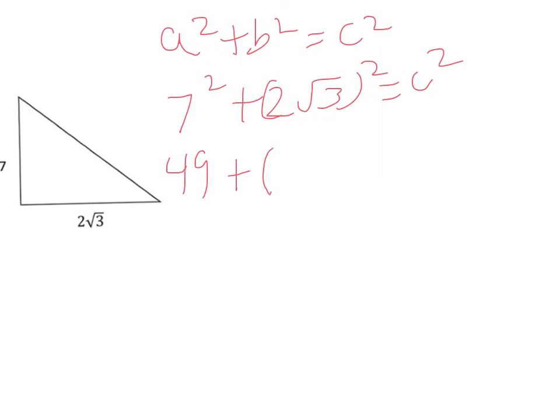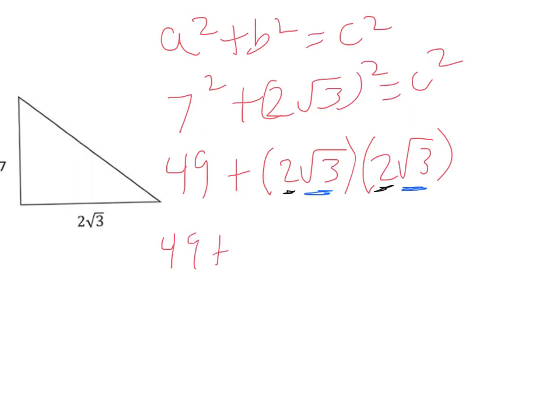So what if we had 2 radical 3 times 2 radical 3? Isn't that the same thing? We're going to multiply our coefficients, and then we're going to multiply our radicals. So we have 49 plus 2 times 2, which is 4, radical 3 times radical 3, which is just a regular 3.